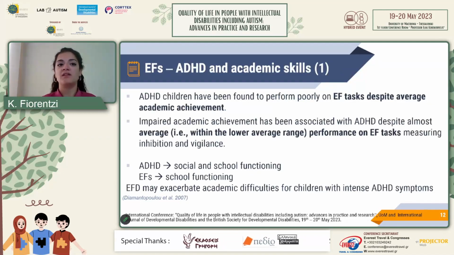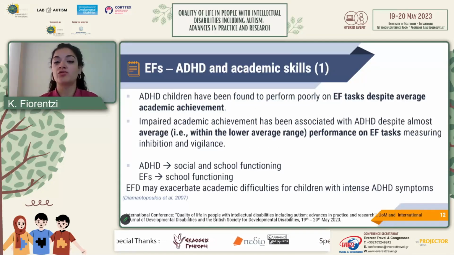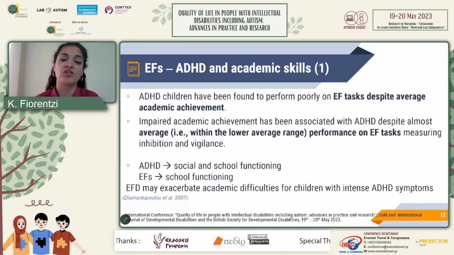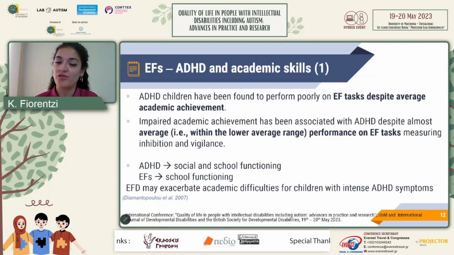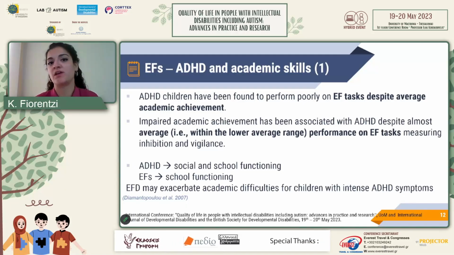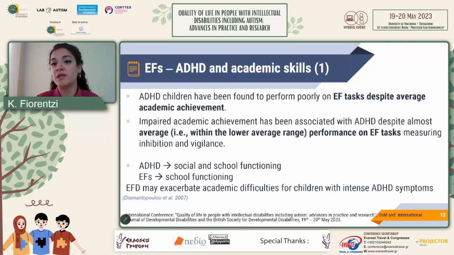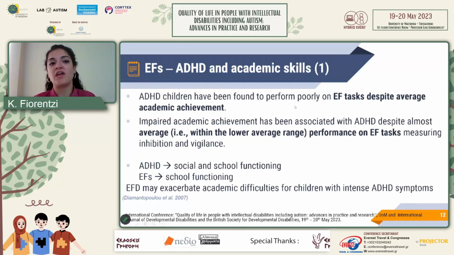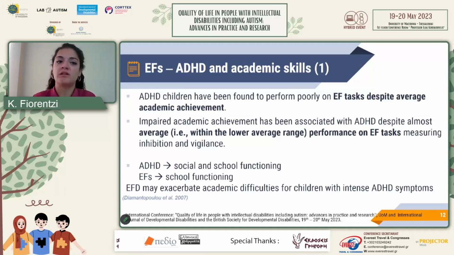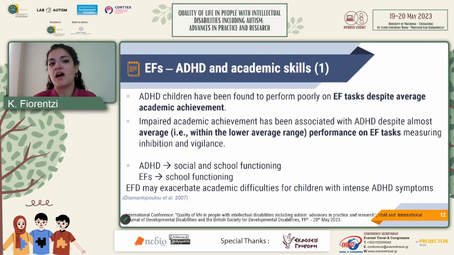ADHD children have been found to perform poorly on EF tasks despite having an average academic achievement. However, again, this is not always the case. We have impaired academic achievement that has been associated with ADHD, despite individuals having average or within the low average range performance on EF tasks.